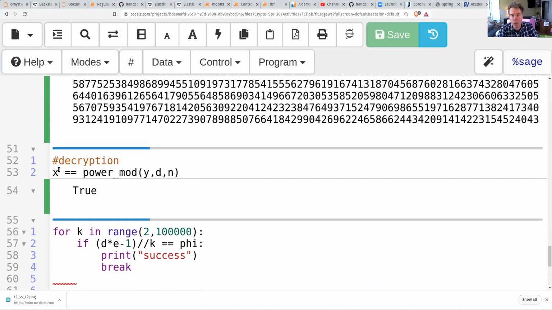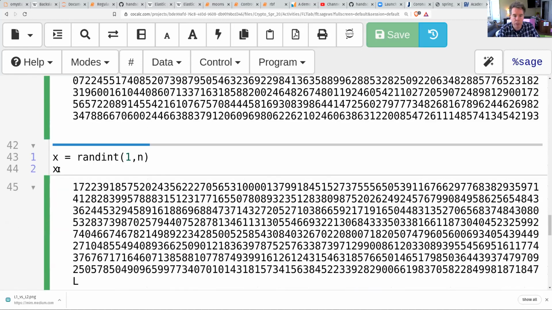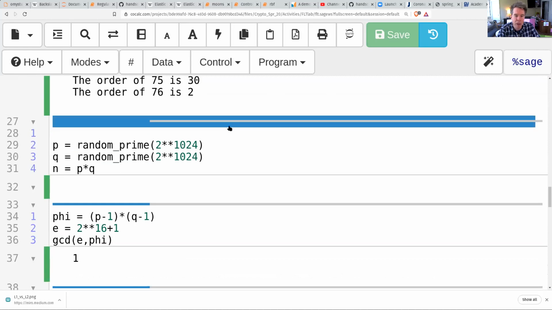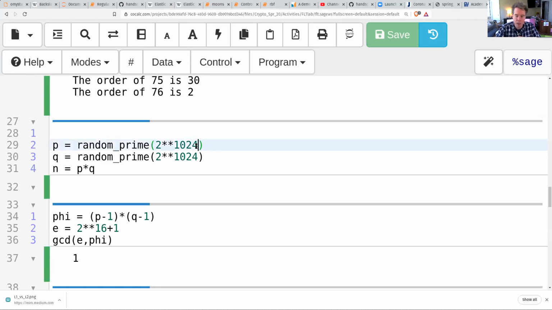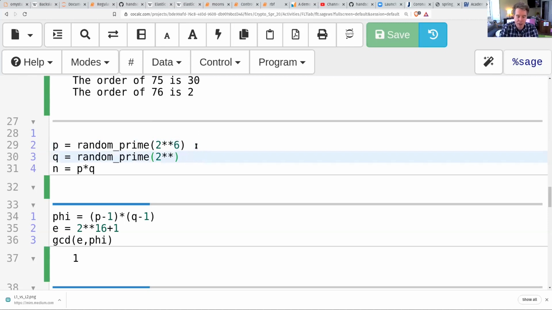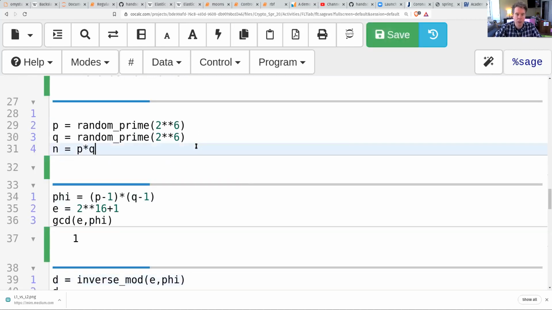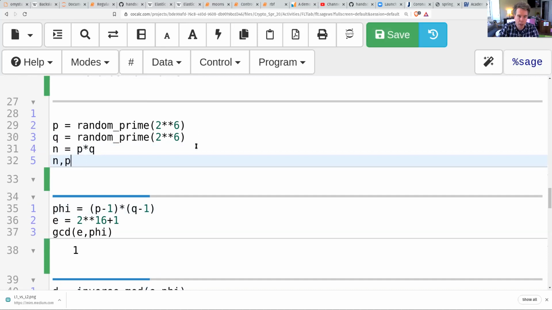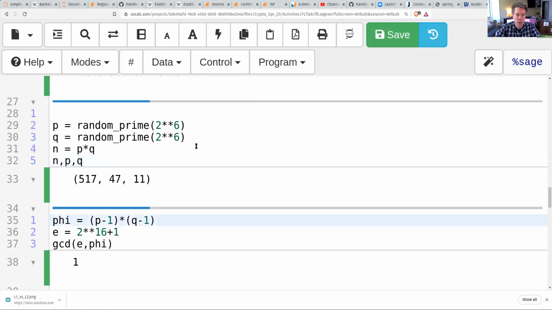And that's it. I hope it was good to make the numbers that big. You could also, of course, do all this with extremely small numbers, which might be better. Could change this to something really small, like 2 to the 6th power, and do the same thing again. I'm just curious here, what are n and p and q in this case?